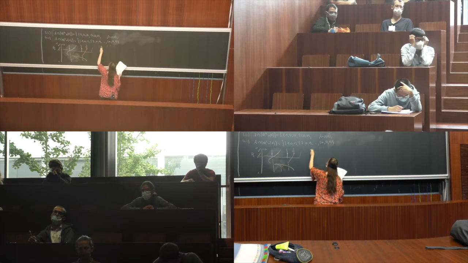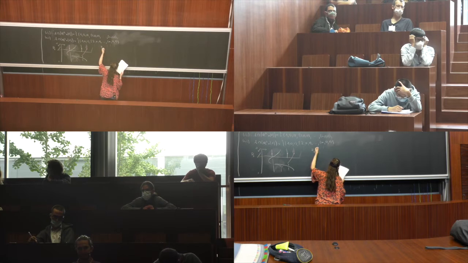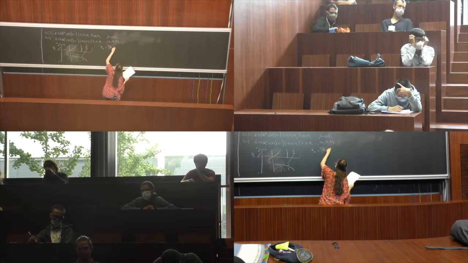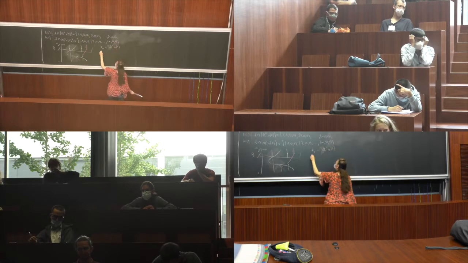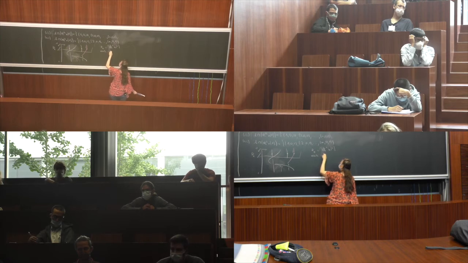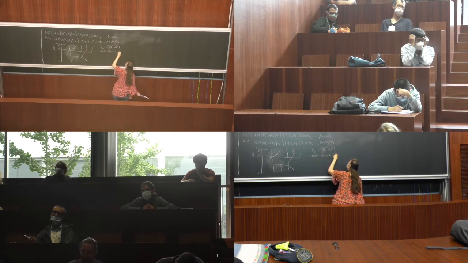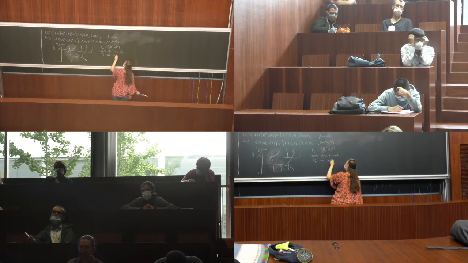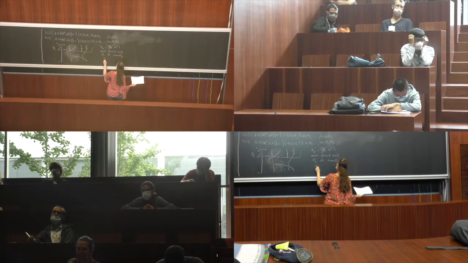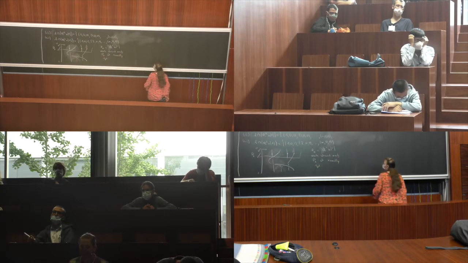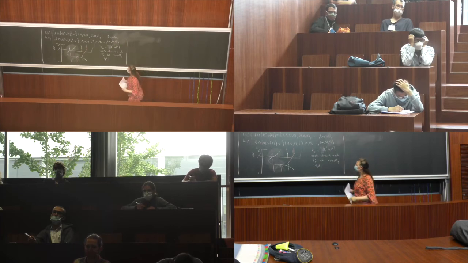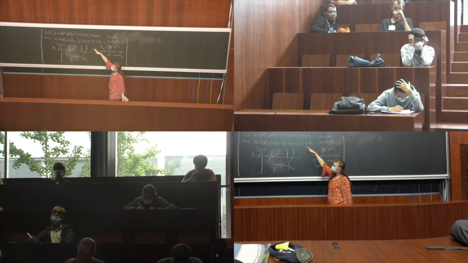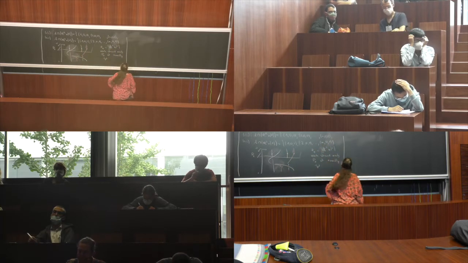So if PT is the plane R2 times T, each strand meets PT at exactly 1 point. And so this is in particular true at 0 and 1.